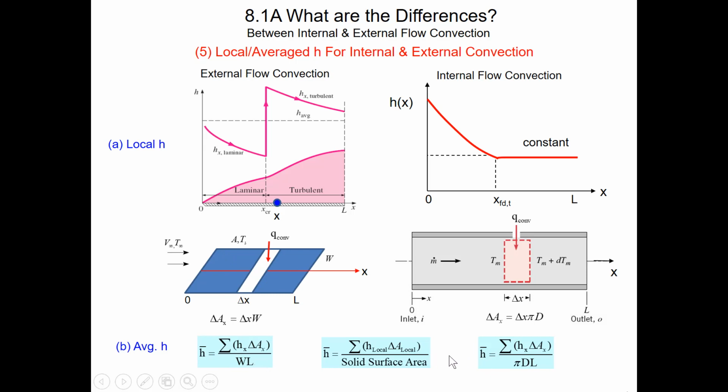The averaged heat transfer coefficient h bar for internal flow convection in a tube is defined as the summation of local heat transfer coefficient times the small local inner surface area, then divided by the inner surface area of the tube, pi D L.